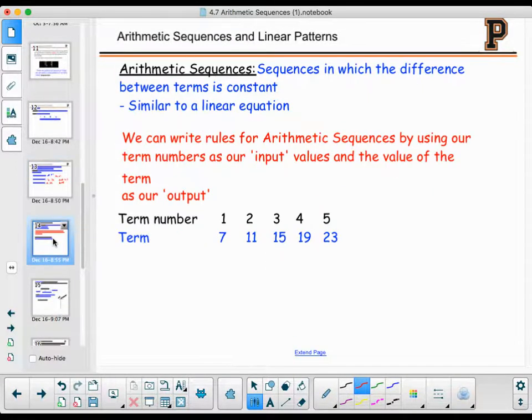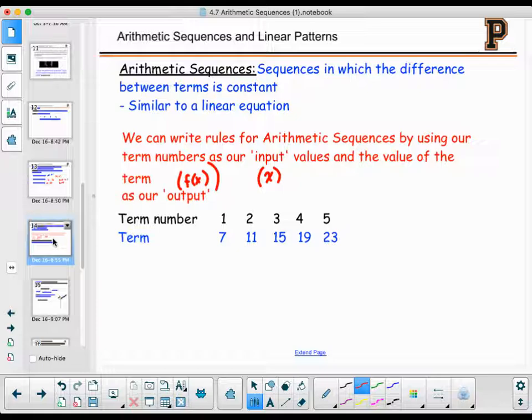All right. Now, an arithmetic sequence by definition is a sequence in which the difference between terms is constant. This is very similar to a linear equation or linear function. We can write rules for our arithmetic sequences by using our term numbers as our input, or our x values, and the value of the terms as our output, or our f of x values.